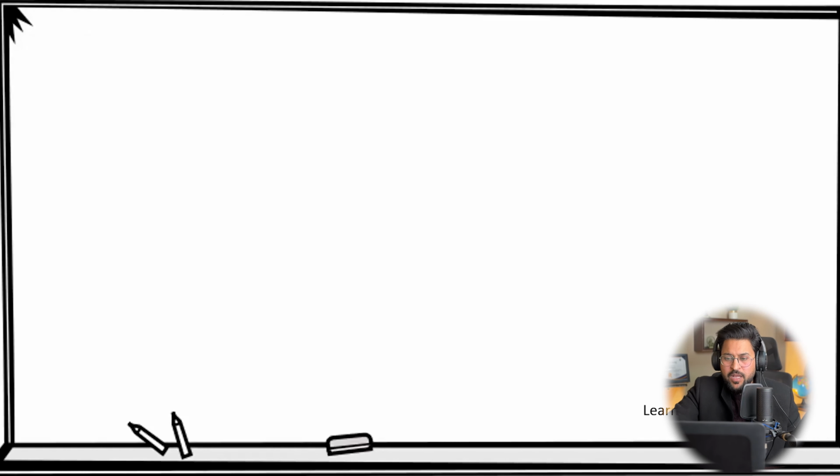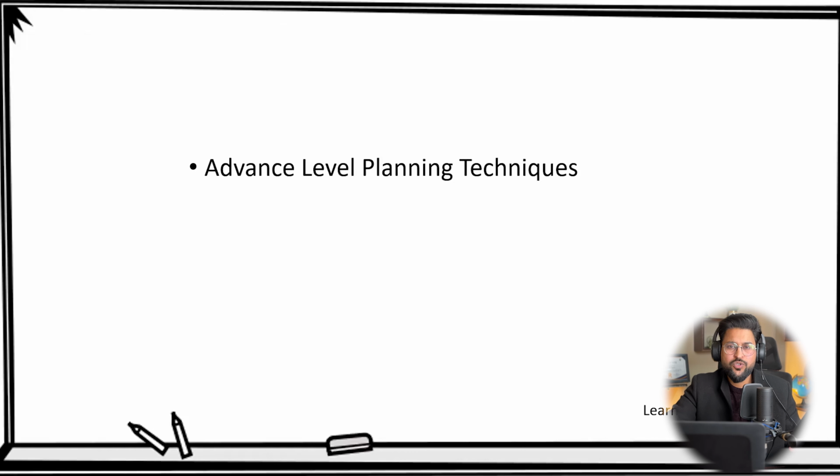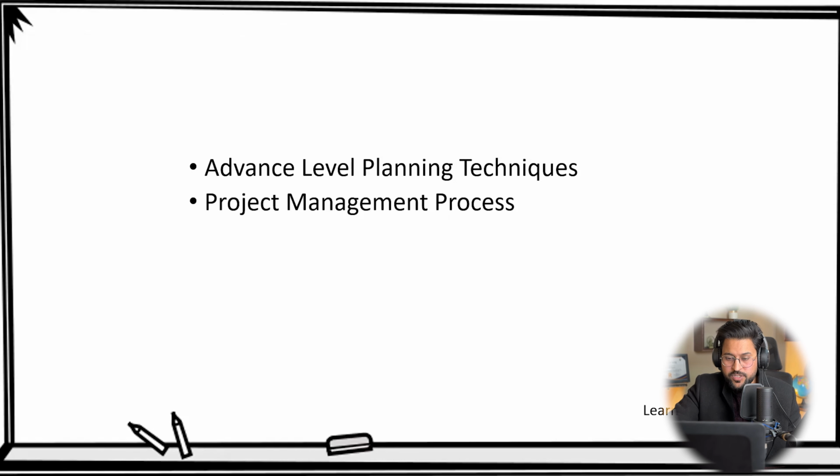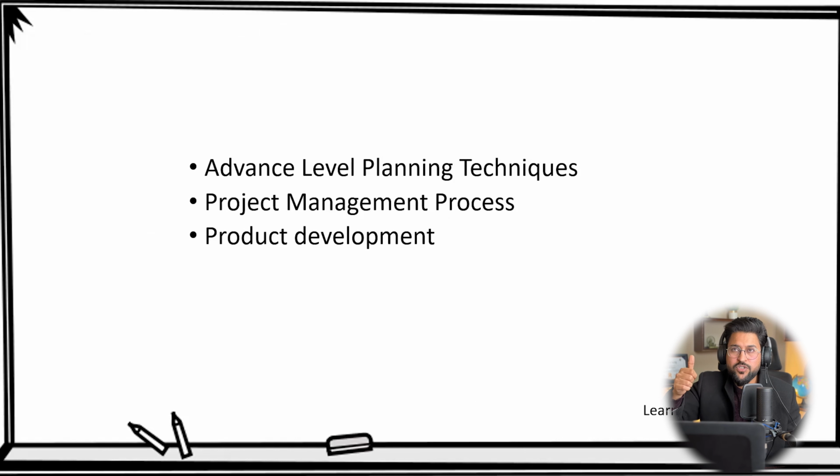I always recommend that you go for advanced level planning techniques and then project management processes. In my course, on product development, whether you are working on a building construction project, petrochemical industry, or pipeline, and whether you are a mechanical, electrical, chemical, industrial, or civil engineer, this course is best for you.